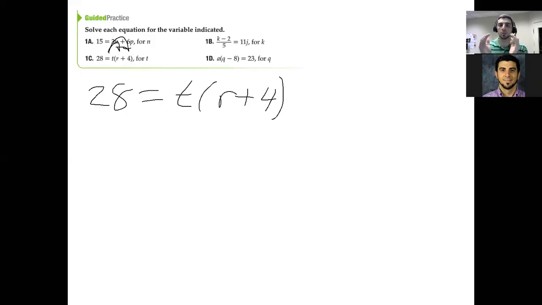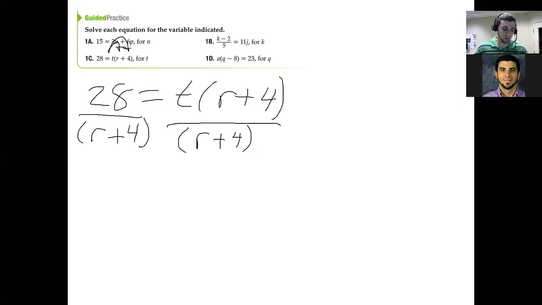Since it's multiplied by the r plus 4, that quantity in parentheses, I'm going to divide both sides by that. You're allowed to divide by a quantity because the t is multiplying. Since the parentheses indicate multiplication, you can undo that by division. So it's 28 over r plus 4 equals t.